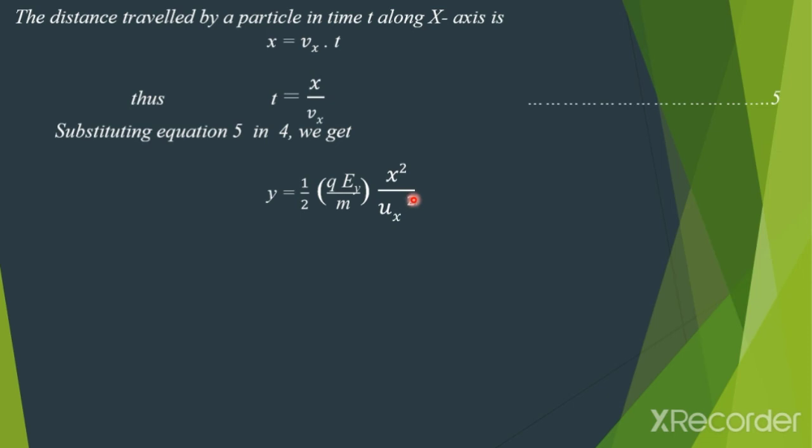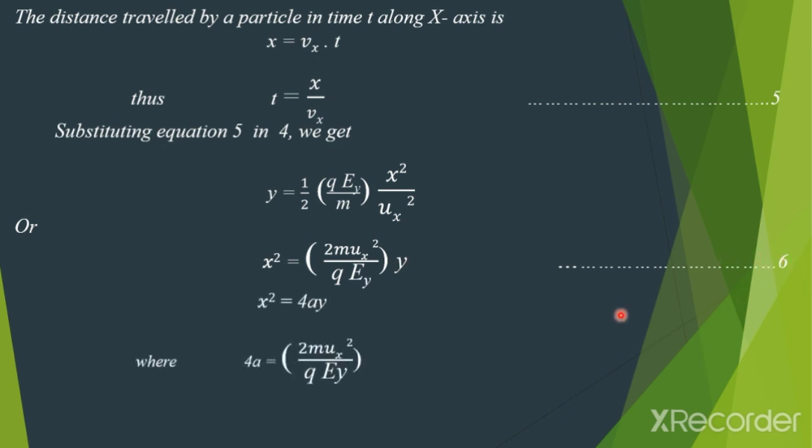So x square can be written as x square is equal to twice m ux square divided by Q Ey into y. Call this equation 6.